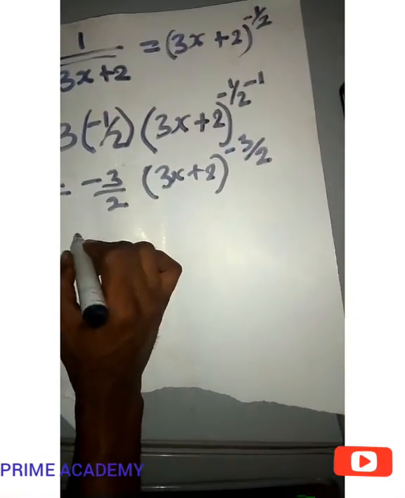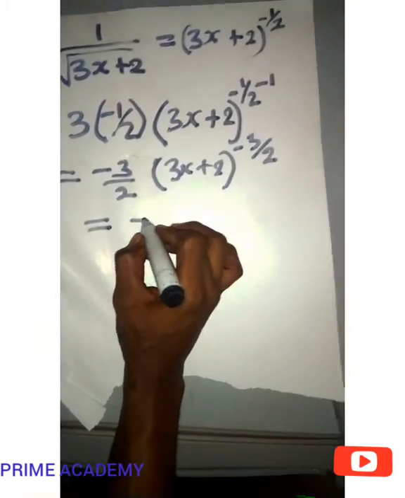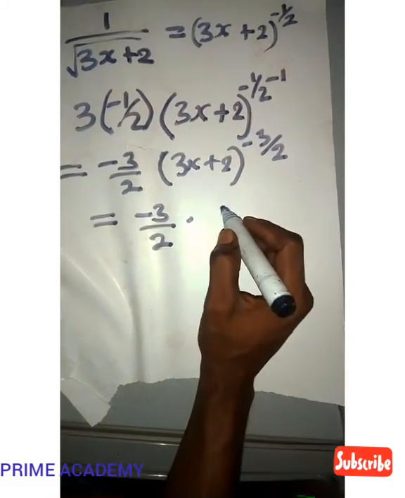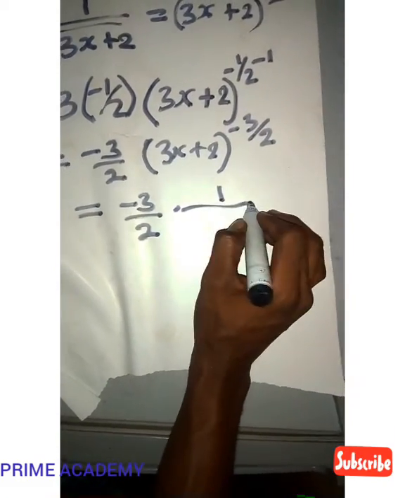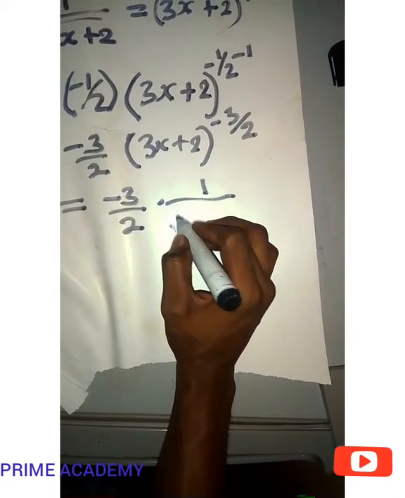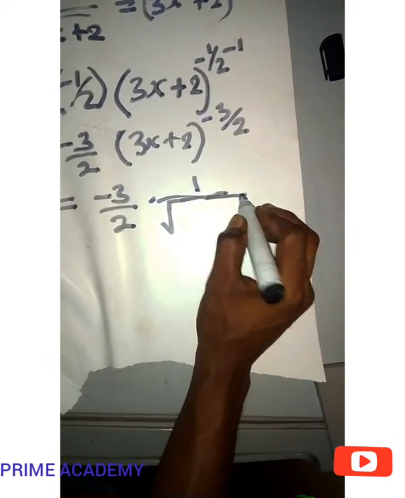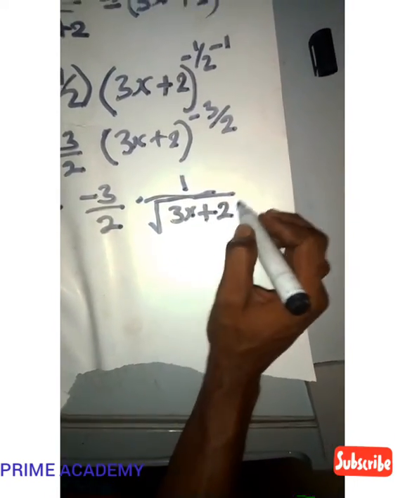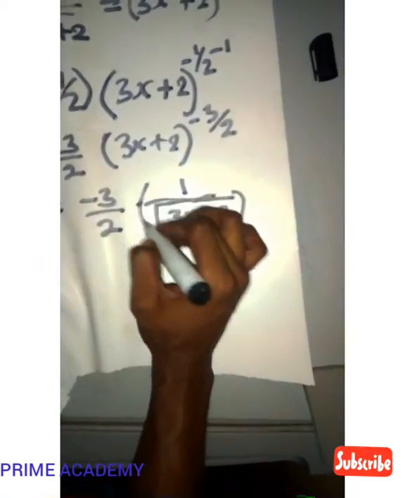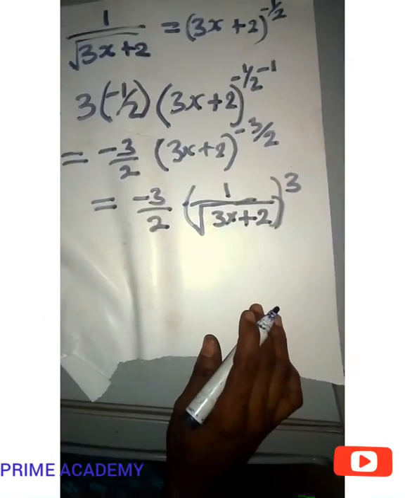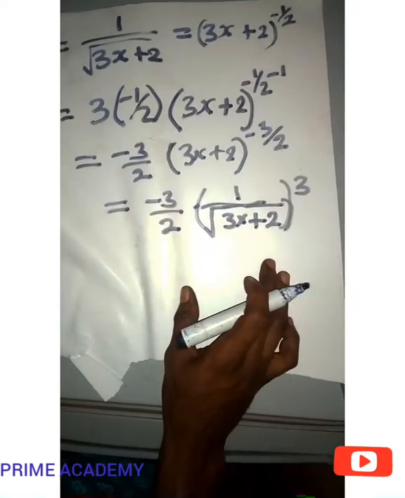And this can still be simplified as negative 3 over 2 times 1 over the square root of 3x plus 2, all cubed. So this could be our final answer, and I think I would leave it like this.